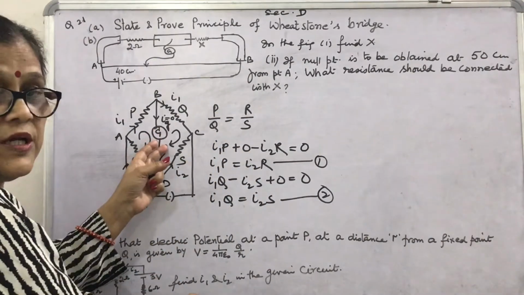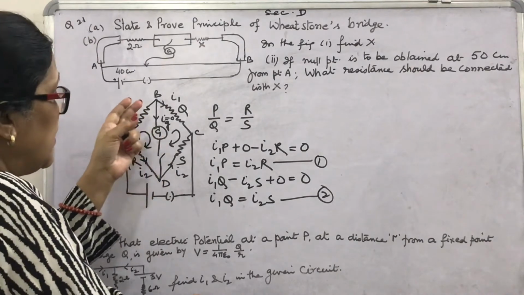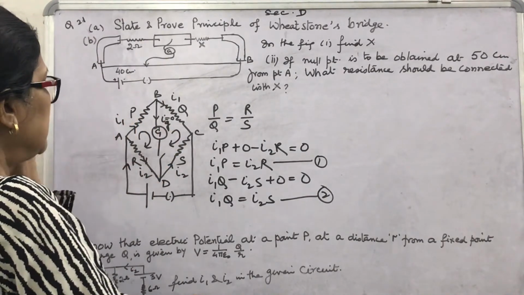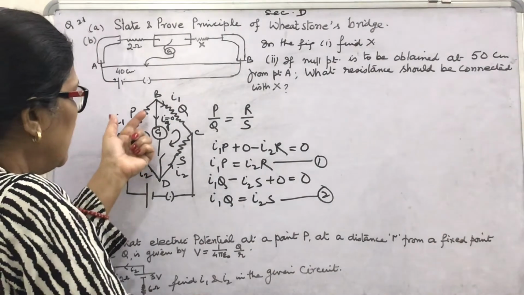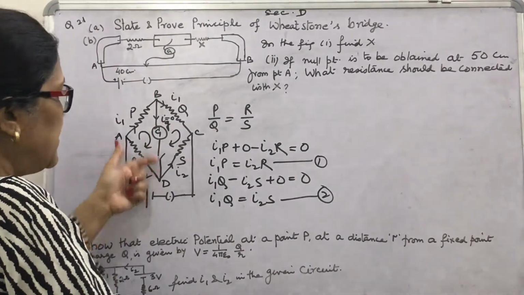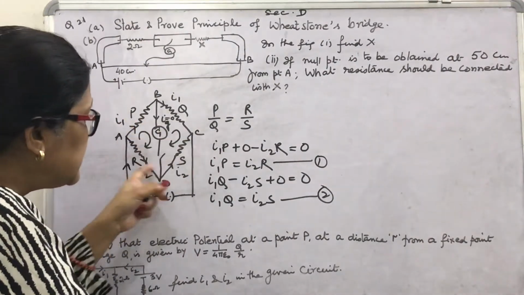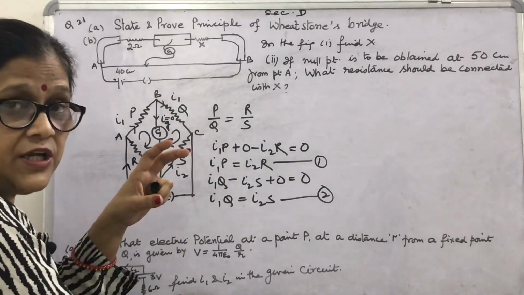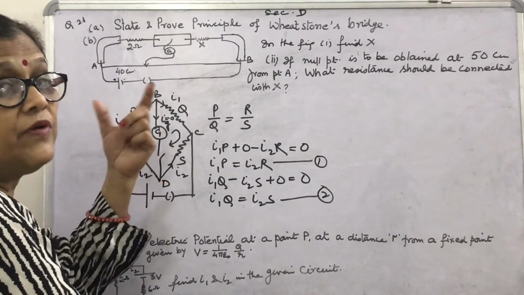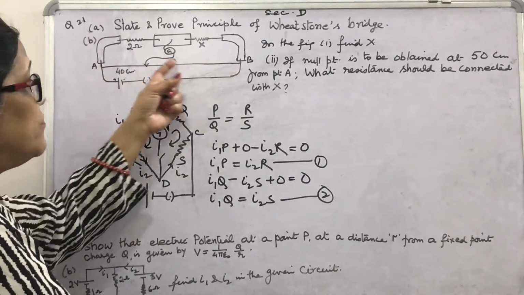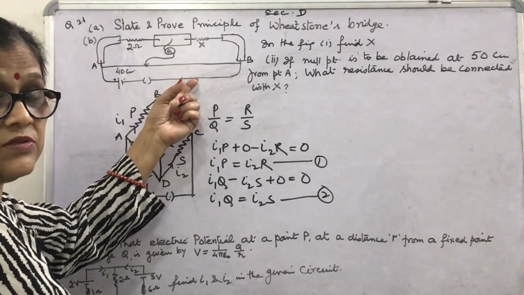So learn the statement. Here some more questions can be asked, for example: what is the potential of points B and D? Same. You should know all these 4 resistances. Is it necessary? No. In the case of the meter bridge experiment, we take 1 meter length of wire, which is asked in another question.